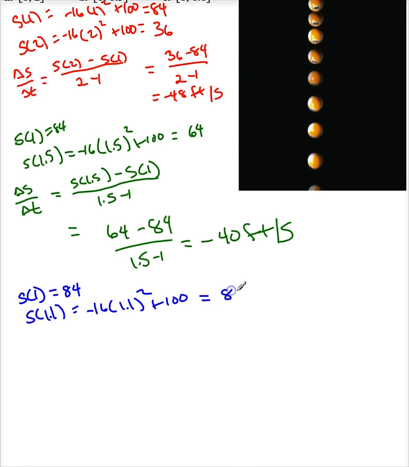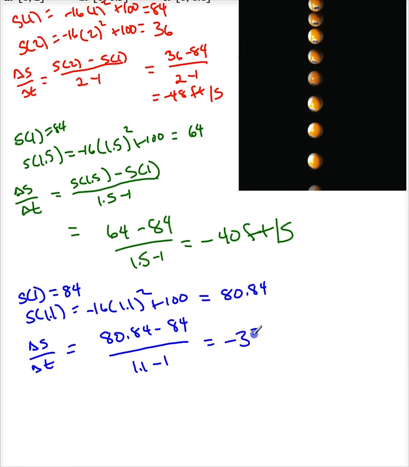And this one is 80.84. So delta S over delta T is equal to 80.84 minus 84 divided by 1.1 minus 1, or negative 31.6 feet per second. Now, that it's negative shouldn't bother you. That just tells you that it's moving downward.